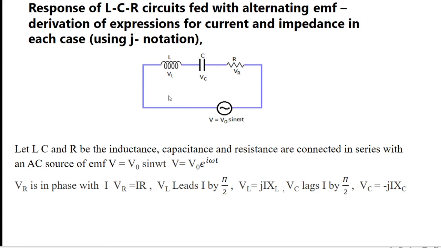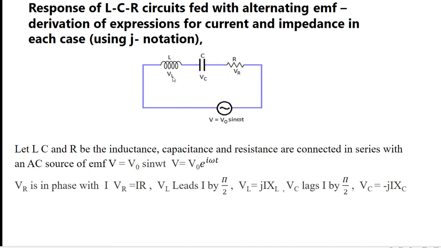When the current passes through the resistance, current and voltage are in phase, so the voltage drop across the resistance can be written as VR is equal to IR.